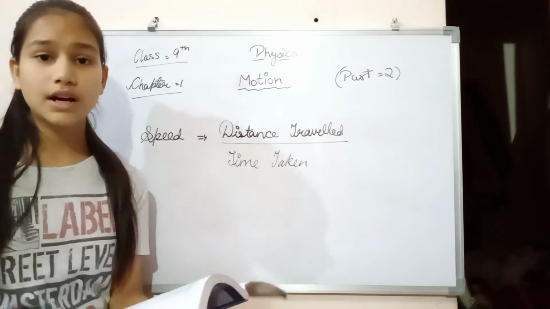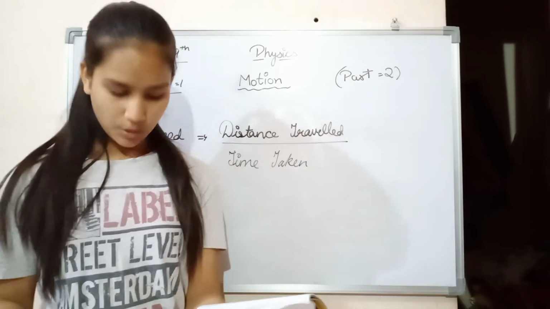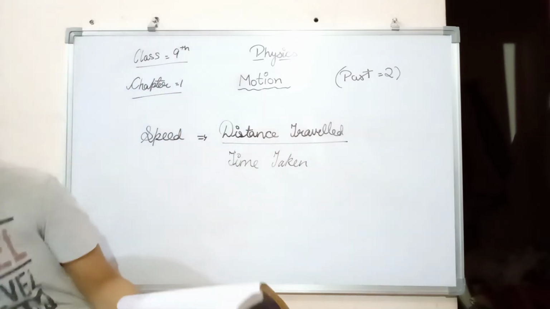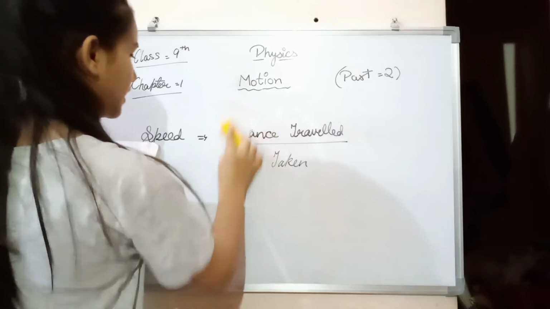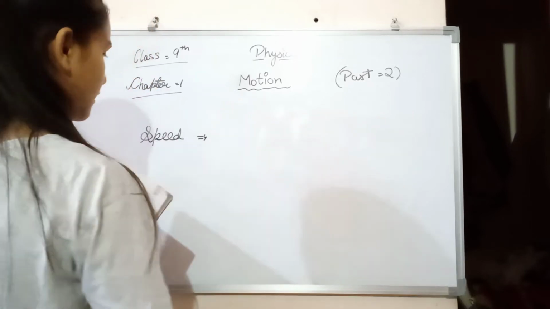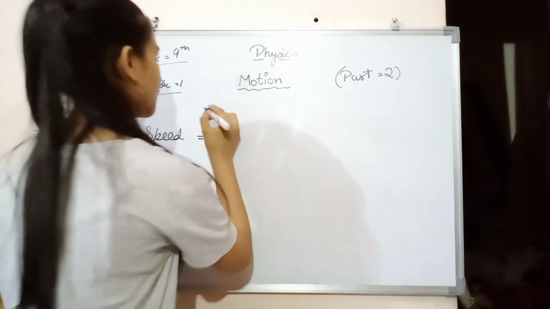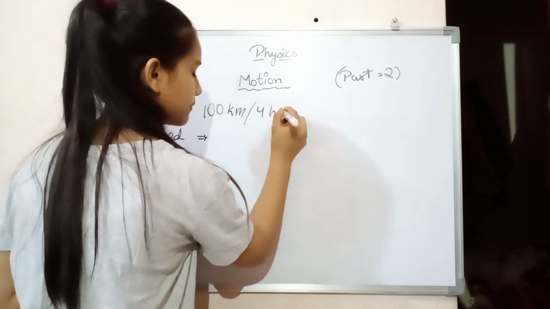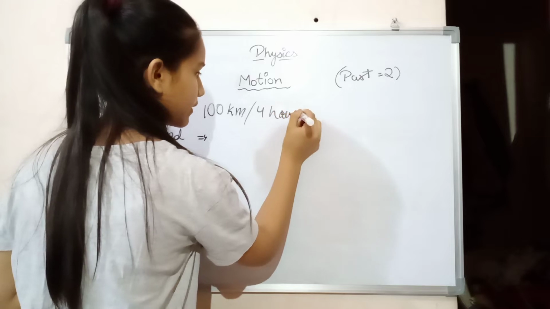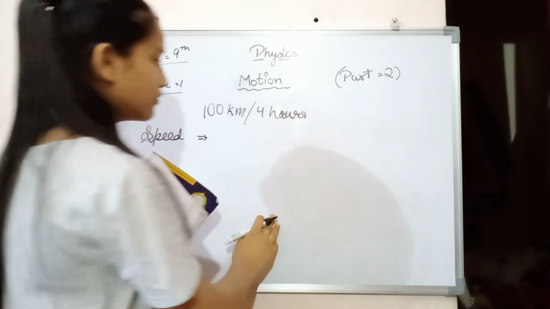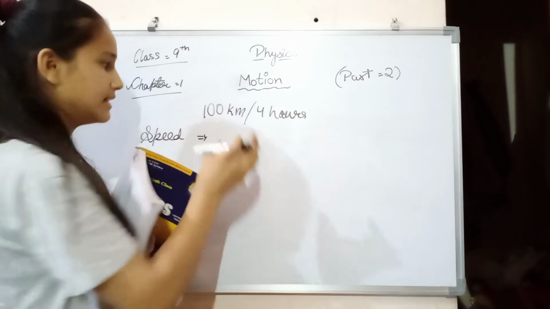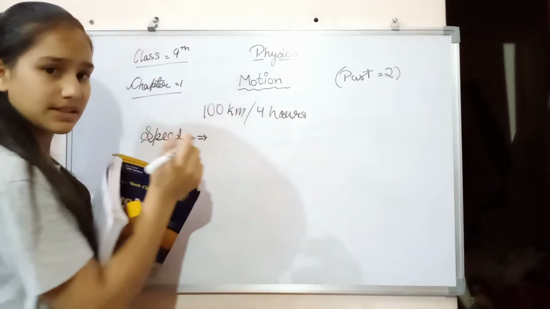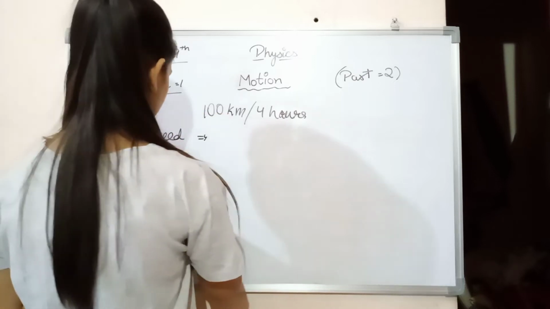Now we are going to solve one problem. Suppose a car travels a distance of 100 kilometers in 4 hours. What will be the speed of the car? We have to find the speed of the car.